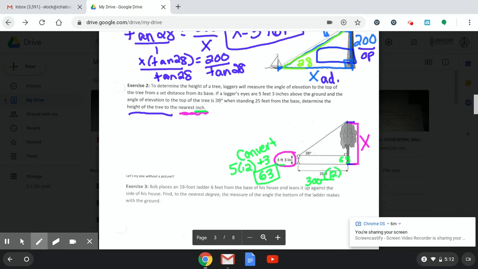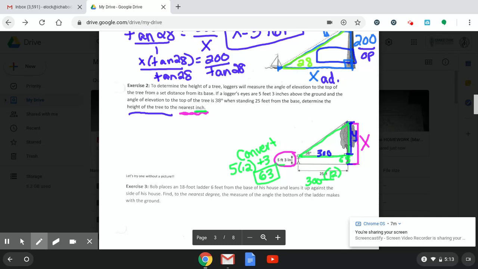So for a right triangle, we're actually going to focus from his eye level over and up, which gives us our right triangle. So if it's 300 inches over, now from here to here, I'm going to mark this as a Y because 63 we're going to add in after the fact.